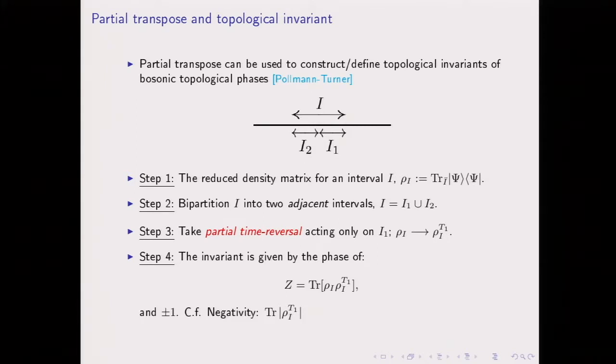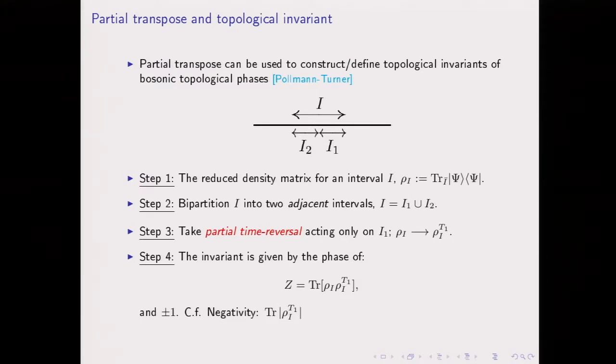So then we have a setup which is perfect for negativity. But I don't compute negativity now, I will define a topological invariant. For this bipartite subspace defined by these two adjacent intervals, I take a partial transpose, let's say for I1, and I define the partially transposed reduced density matrix.